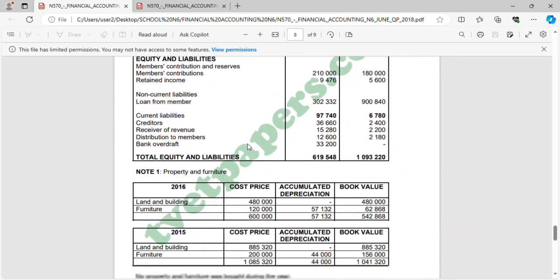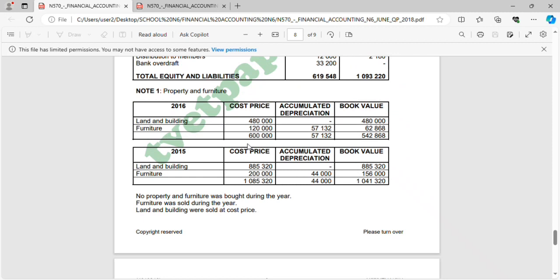So here they're telling us that the furniture was sold during the year. In order for us to determine the sold amount, they did not tell us whether we're using the cost or the carrying value, but I will just use the cost. So let's check note number 1.